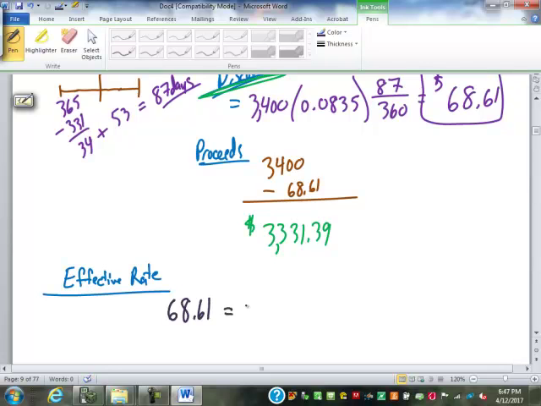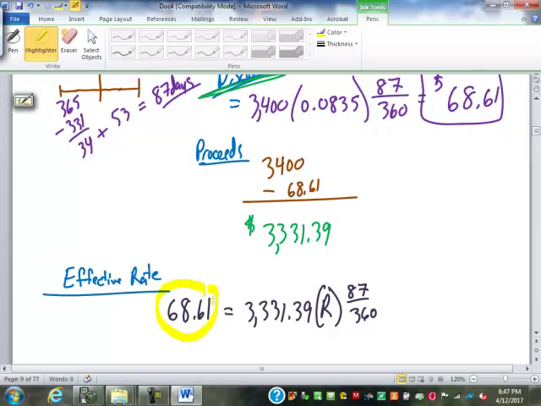Then it is equal to the 3,331.39 times 87 over 360. Perfect. So we have our discount amount of 68.61. Technically, the discounted amount is the proceeds, the $3,331.39, times the rate is what we're looking for here, and then times our time of 87 over 360.